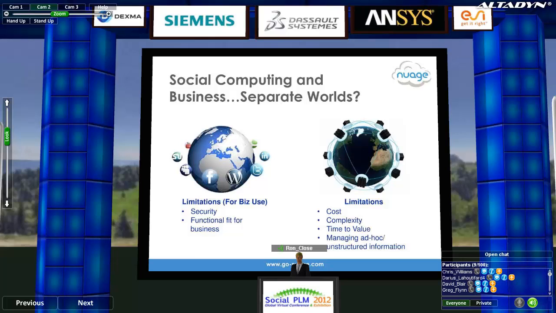And one of the most important things that I found working through some of the major PLM providers is that time to value is often significant. So for example, when you're investing in an enterprise traditional PLM system, your time to value could be 18 to 24 months or more, meaning the time from when you invest in your system to the time that you're starting to break even and get ROI.